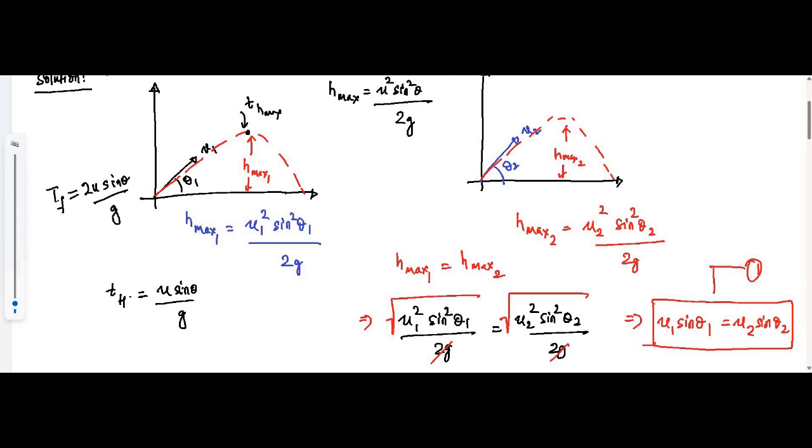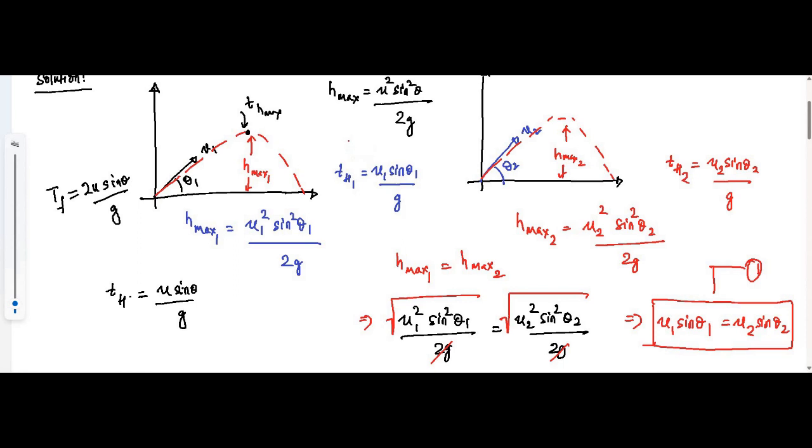So the time of maximum height for the first projectile will be equal to u1 sine theta 1 by g, and the time of maximum height for the second projectile will be equal to u2 sine theta 2 by g.